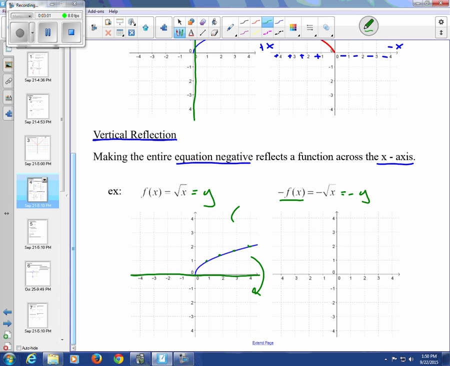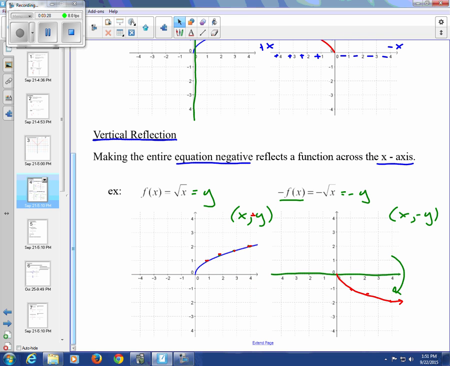So we go from ordered pairs that look like (x, y) to ordered pairs that look like (x, negative y), right? So all of those previously positive y values that we're seeing in these ordered pairs are now being made negative. And we see the reflection of that sideways parabola across the x-axis there.